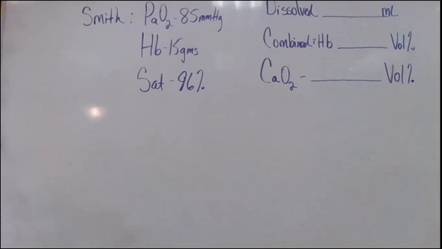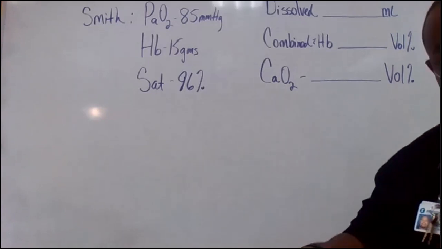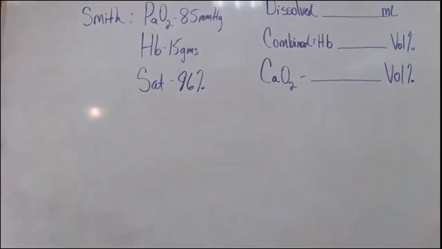Have your three, I'll come on and look at it. Ms. Thomas, when you have your three, you can put your three in the chat. Make sure you have the correct suffix or unit of measure. Dissolved is in milliliters, combined with hemoglobin is in volume percent, and total O2 is also in volume percent.